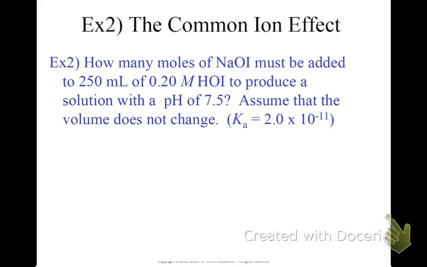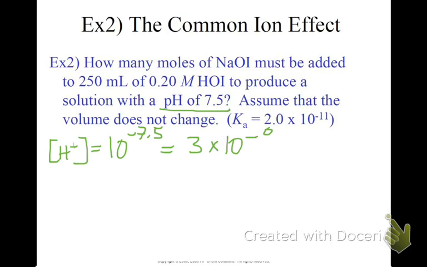Okay, so the first thing that we need to do when we look at this problem is figure out, if we want a pH of 7.5, what's the concentration of H plus in that solution? So for a pH of 7.5, our target concentration of H plus would be 10 raised to the negative 7.5, and that gives us an H plus concentration of 3 times 10 to the negative 8th.